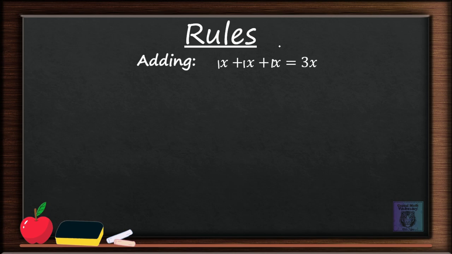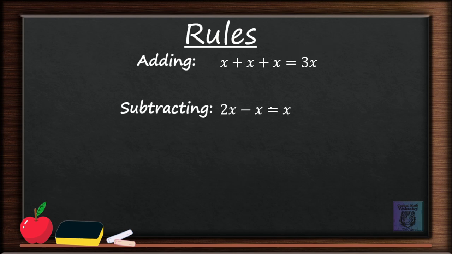If you add them together, because the x is the same, it's not x to the power of 2, it's not x to the power of 3, we can say it's the same variable, and that is why we can say 1 plus 1 plus 1, close the bracket, x. And that would give you the 3x.